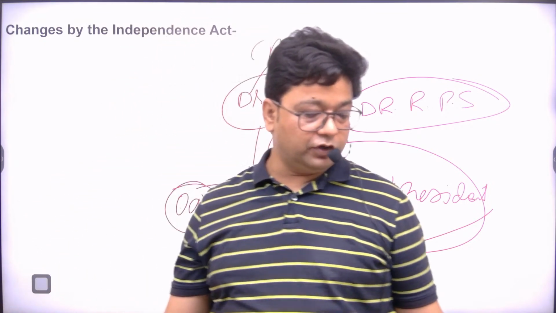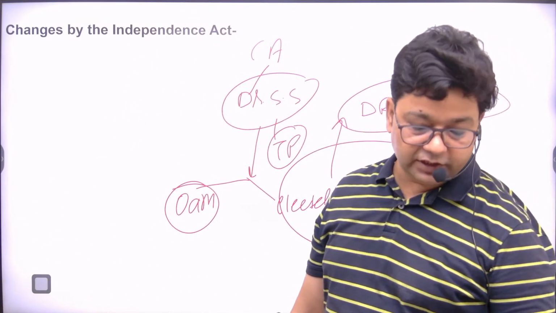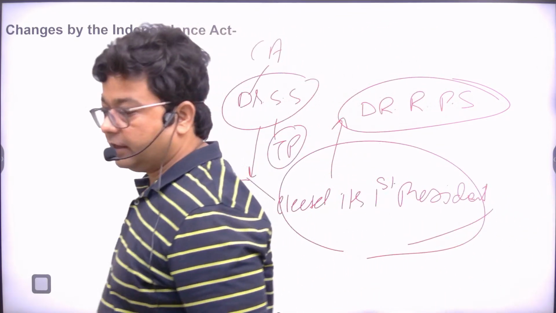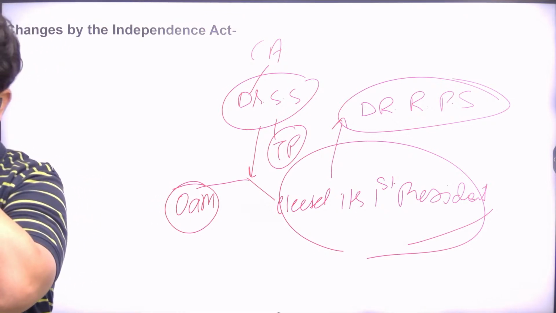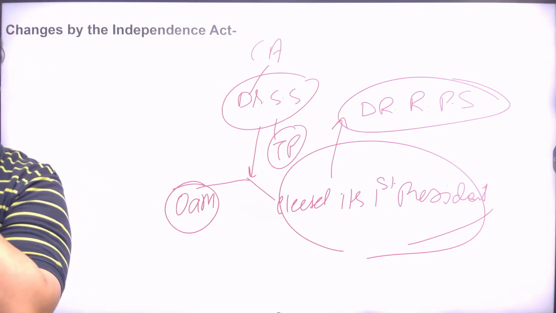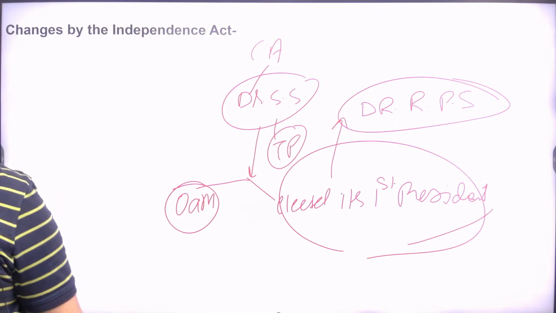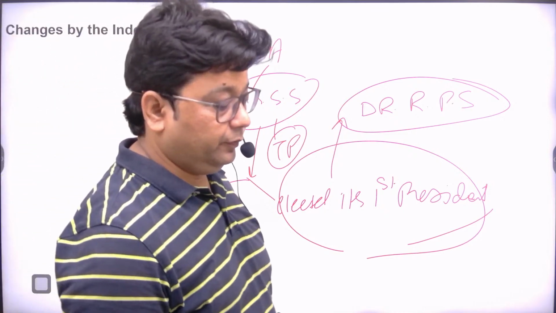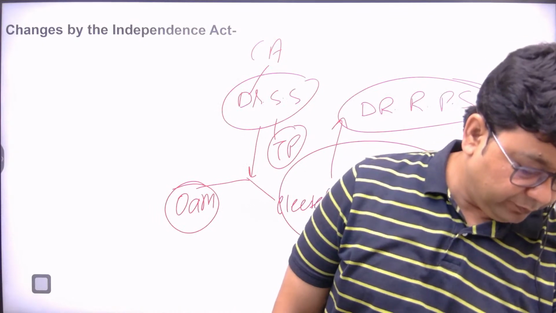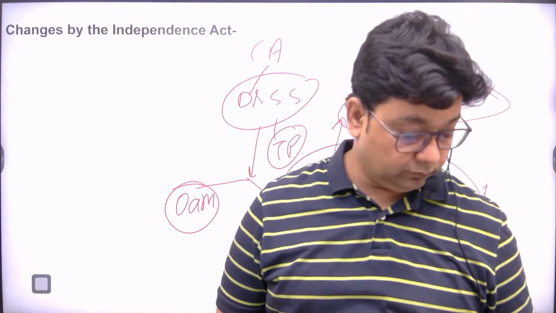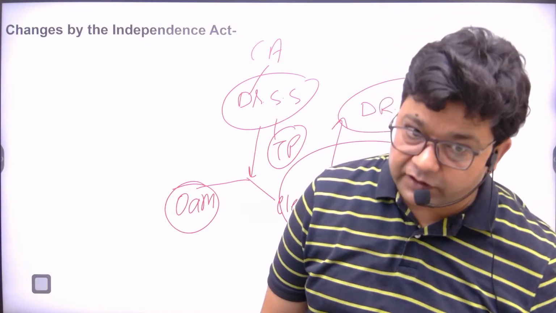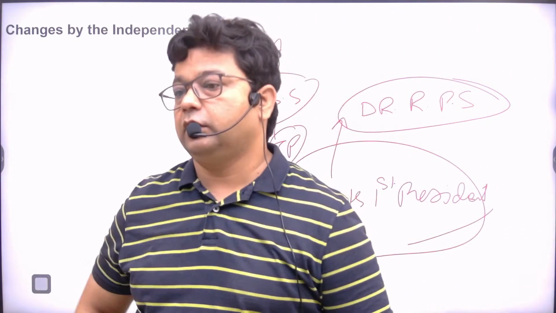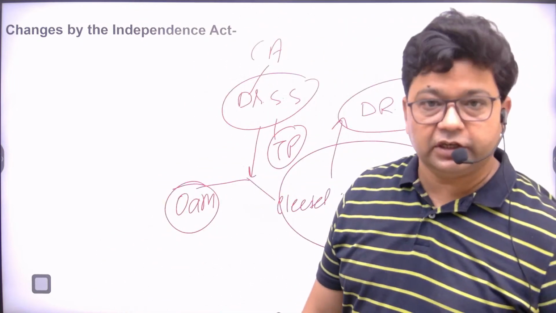Sir B.N. Rao was appointed as the constitutional advisor of the Assembly, a legal advisor on anything. Is it clear?